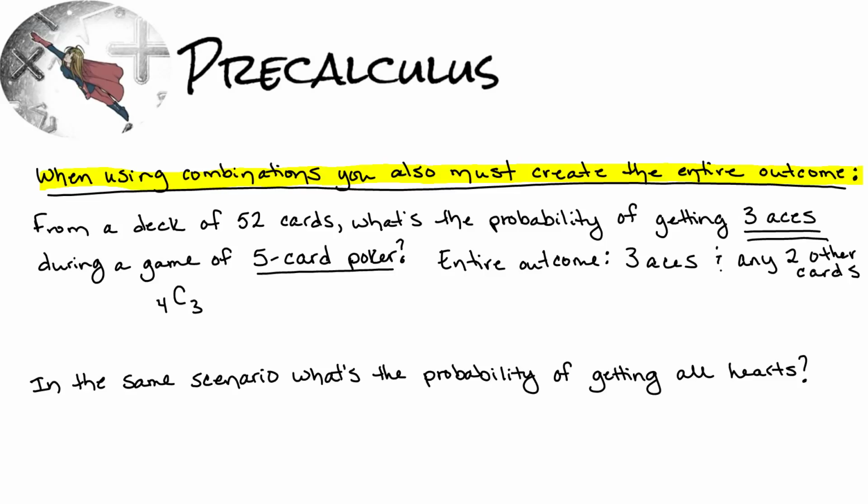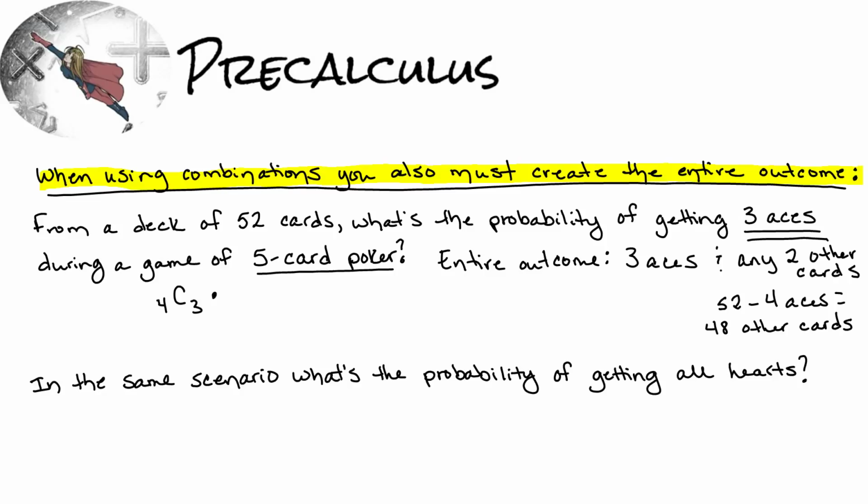So 4C3, or 4 choose 3. But then, to create the entire outcome, to get any 2 other cards, 52 minus the 4 aces leaves you with 48 other cards. And we just want any 2 of those.